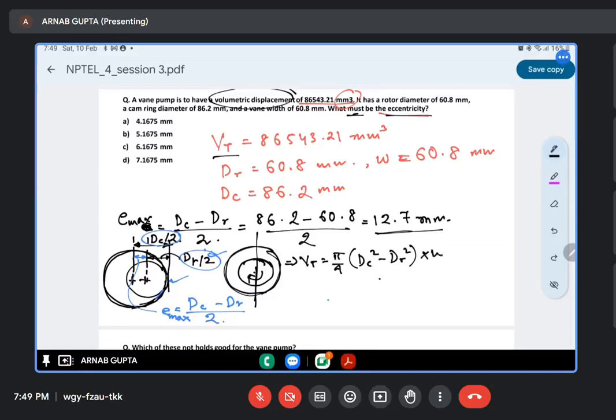So this needs to be true of this. So 86.2 square minus 60.8 square divided by 4, W, 60.8.